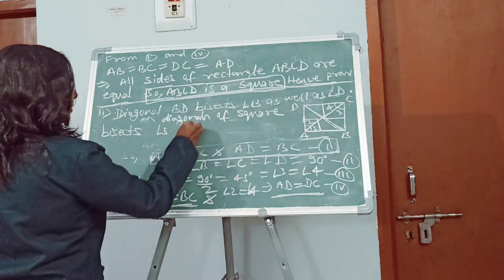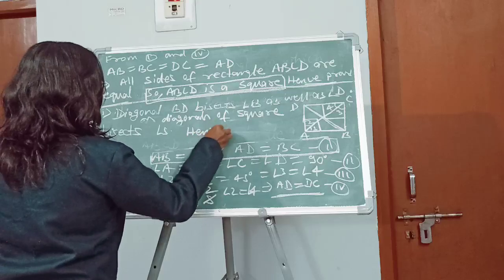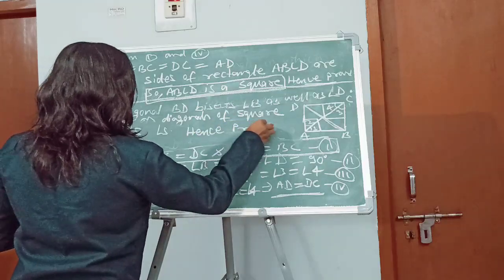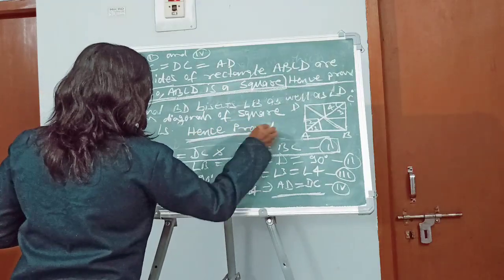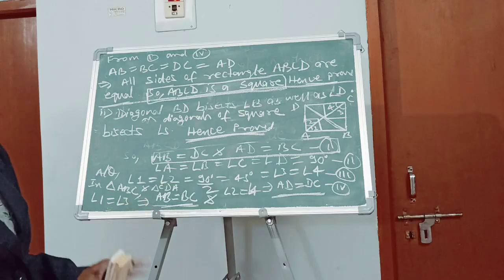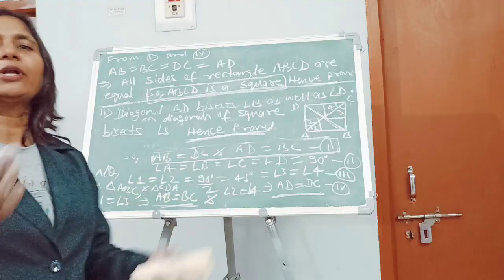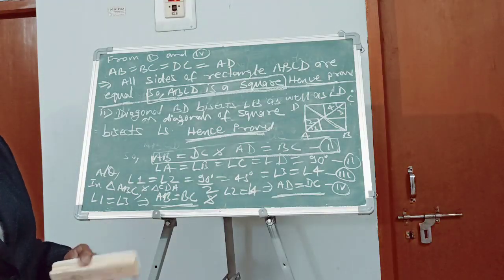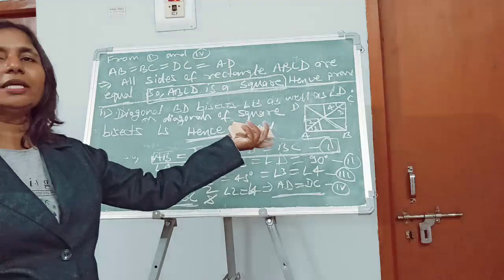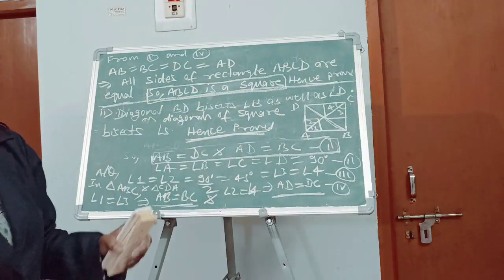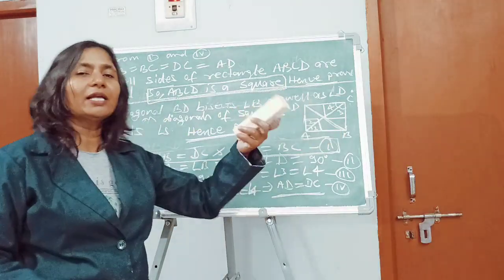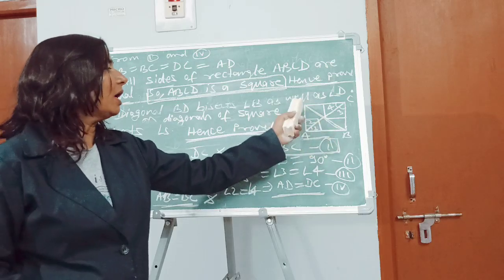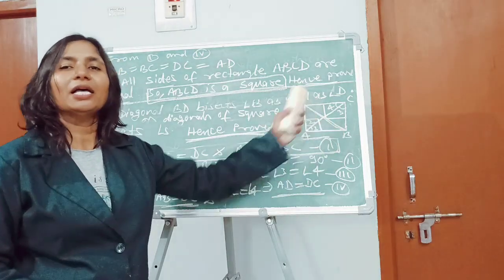Hence proved. So in the second one you have to do nothing, just remember the properties of a square related to diagonals, and by using that you can say that, since diagonals bisect opposite angles, BD will bisect angle B as well as angle D.